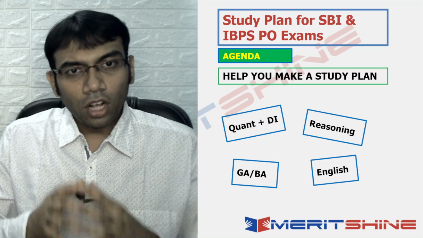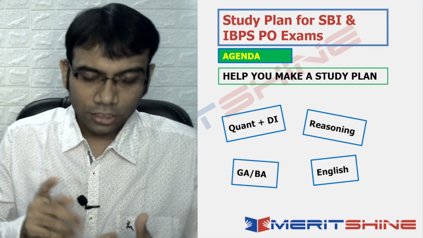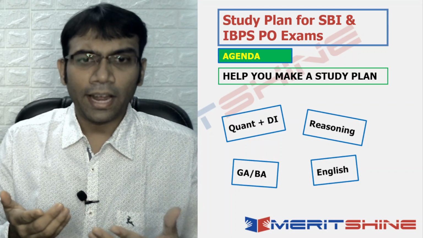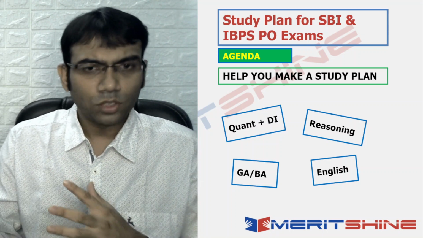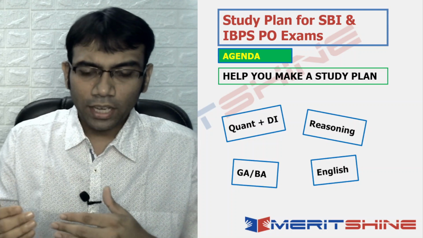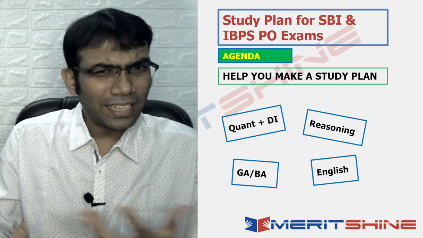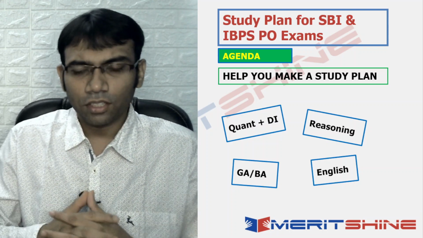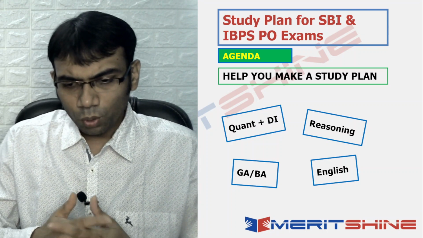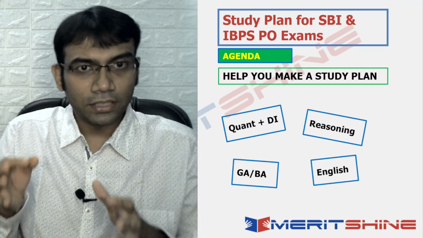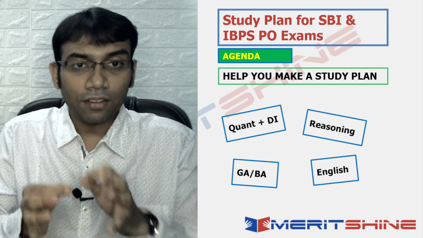So when we talk about the prelims and mains of SBI PO as well as the IBPS PO, we are looking at a time period of what? Today is October 25th. We are looking at a time period till mains of 2 months to 2 months 10 days, 15 days kind of time period. So how do we efficiently use this time is a very relevant question.